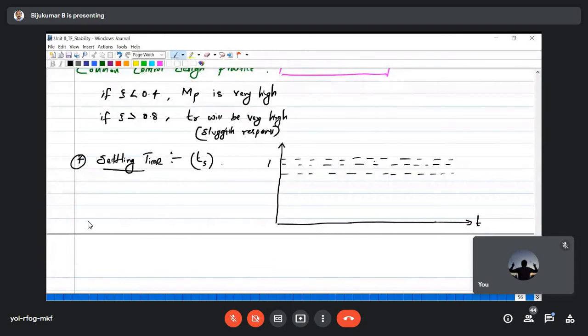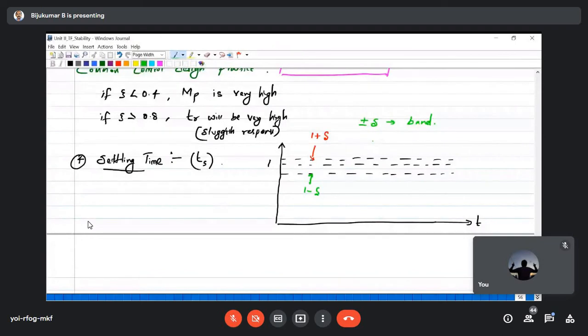This can be written as 1 plus delta, and the lower one will be 1 minus delta. Plus or minus delta. This is the band. Okay.